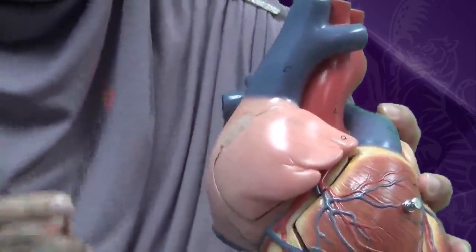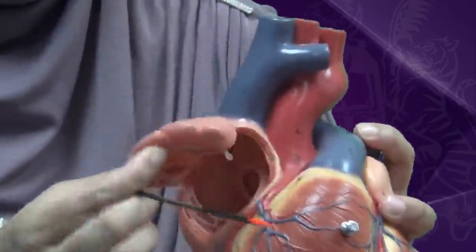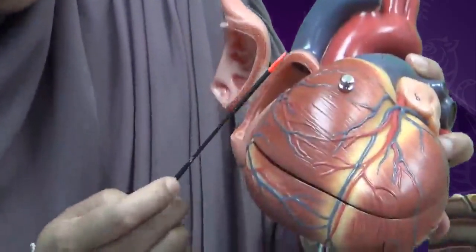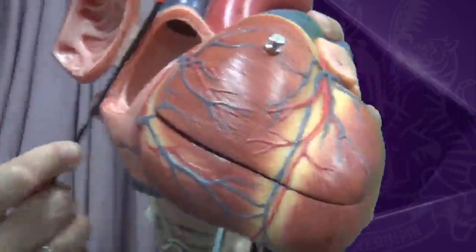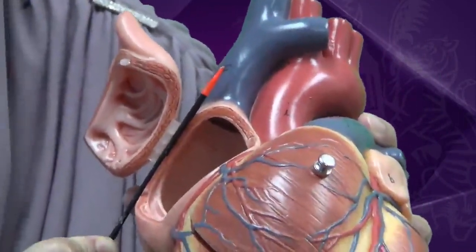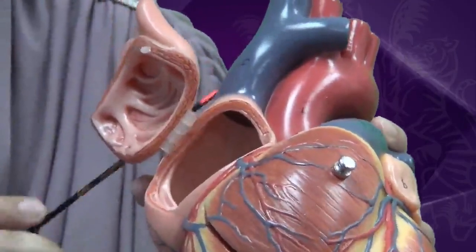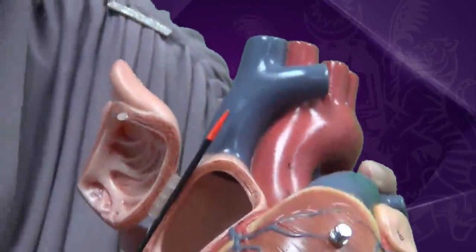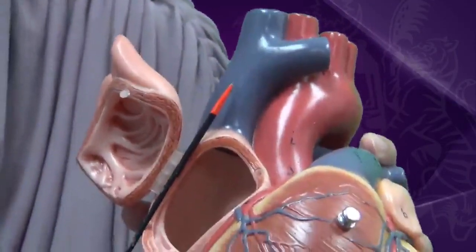Another important thing is that if you look from the inside, the sulcus actually corresponds to a crest inside. Outside it is known as the sulcus terminalis, but inside this crest is known as the crista terminalis.